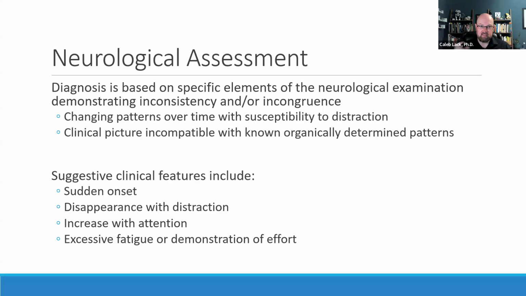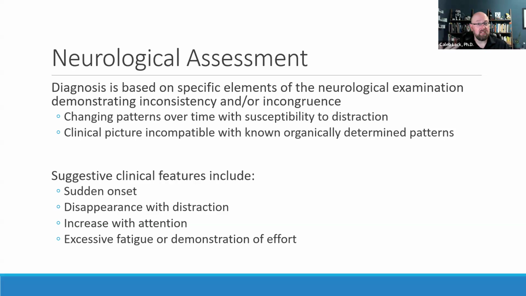One of the other big things that we see that differentiates neurological from functional neurological disorders is inconsistency and incongruence. So essentially what we are more likely to see in functional neurological disorder are symptom patterns changing over time or shifting in response to distraction.